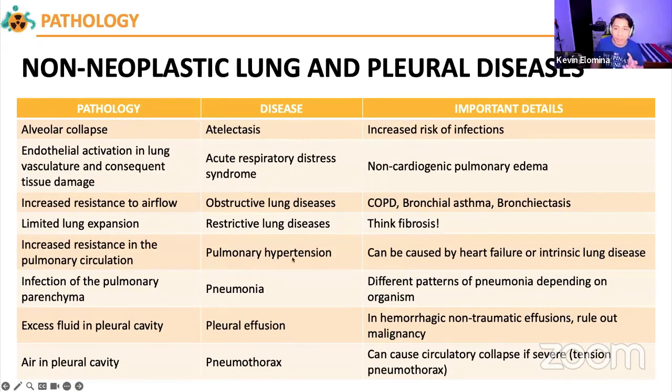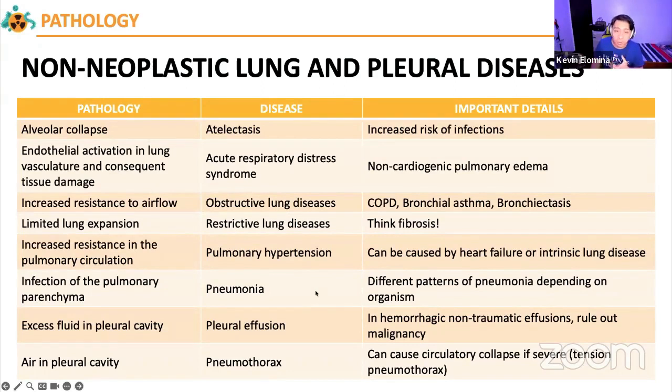For your pulmonary hypertension naman, remember, no, your pulmonary vasculature, once they're overloaded, they can remodel, and that can cause pulmonary hypertension. And if you have an intrinsic lung disease, that can also affect, no, your pulmonary vessels, then it can also cause pulmonary hypertension.